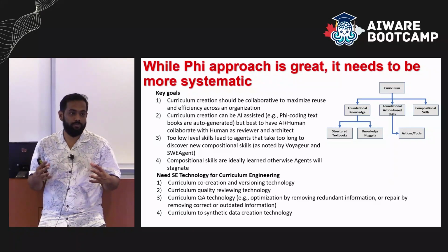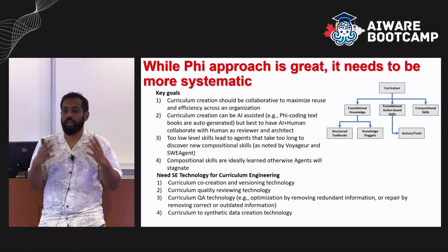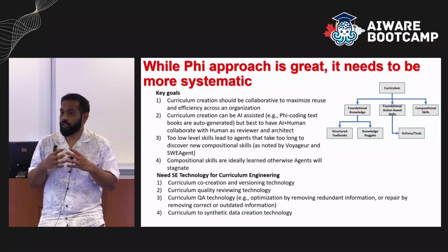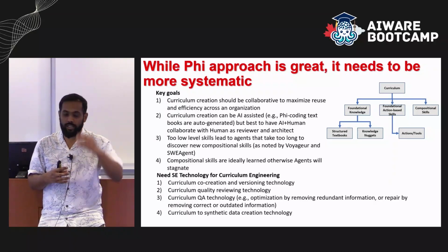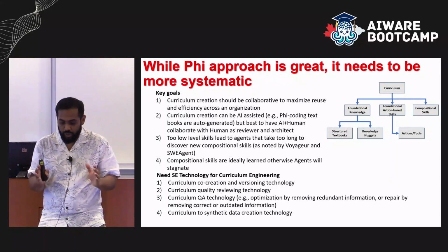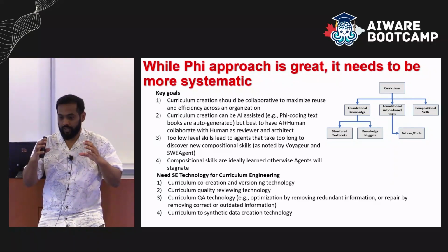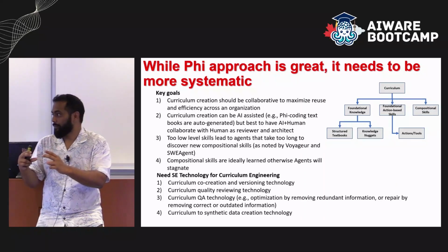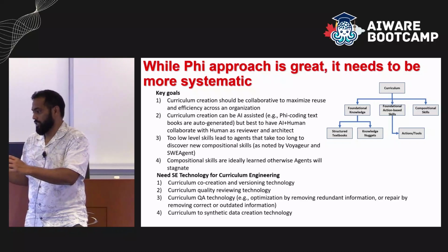So if your team is building or fine-tuning a model for a particular task, you do the data alignment in terms of curriculum, and make sure that some foundational knowledge should be represented, some skills should be represented, and some compositional skills.